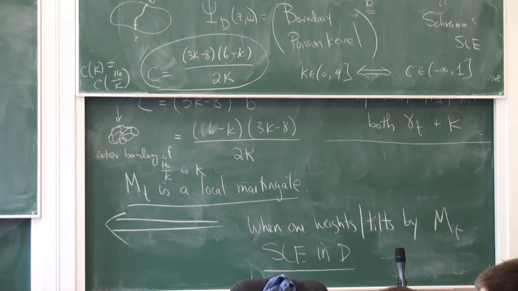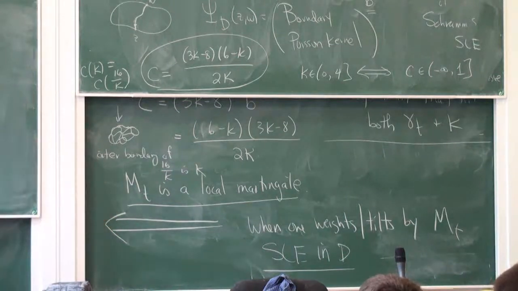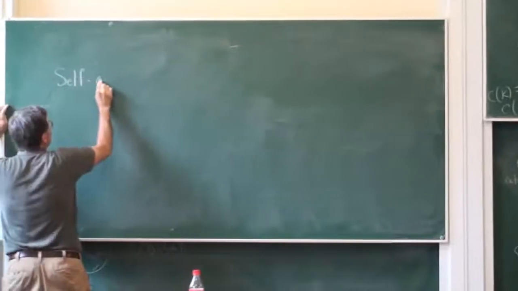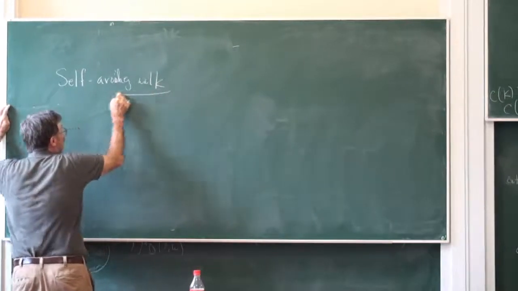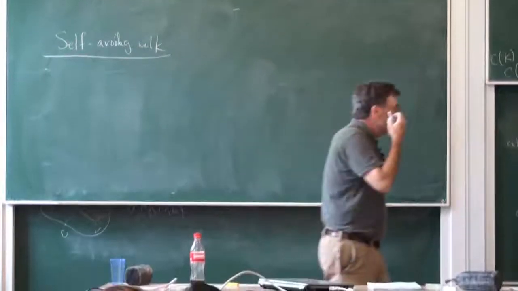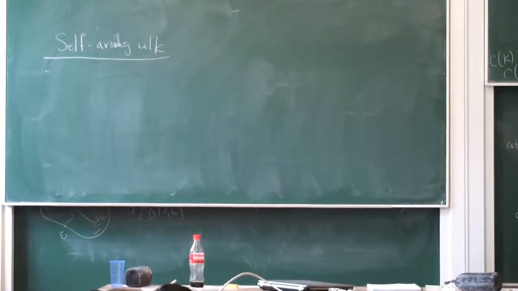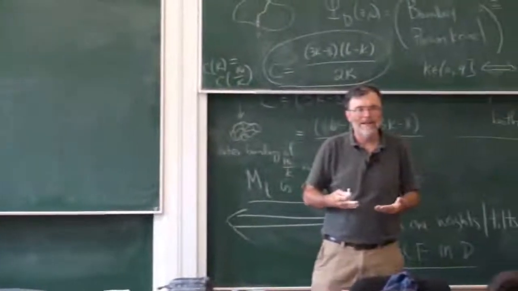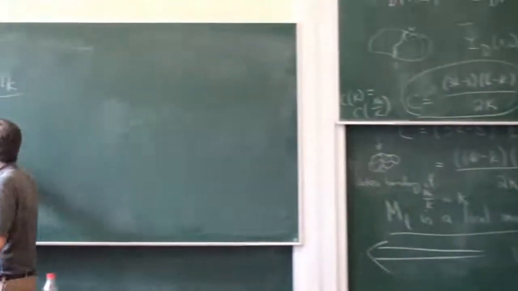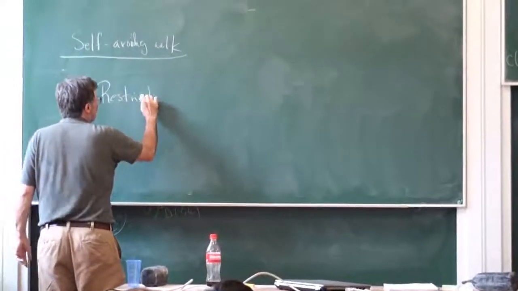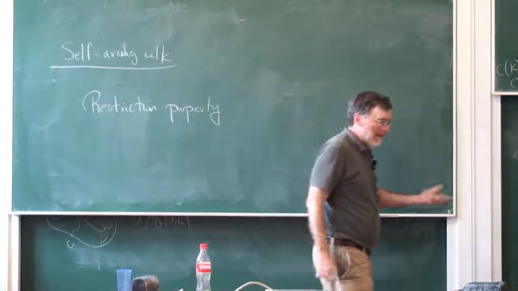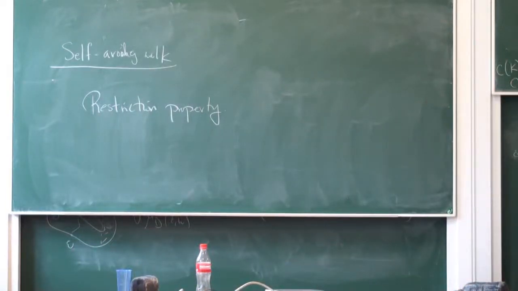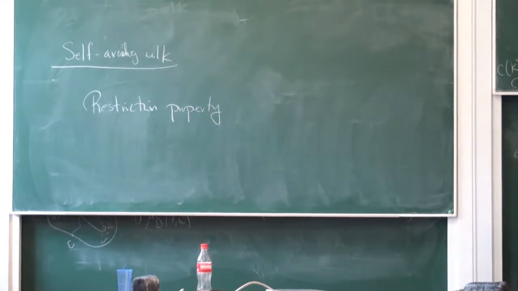So let's return to the self-avoiding walk. Since I discussed the self-avoiding walk yesterday, if you remember, we had domain Markov property, conformal covariance, and the restriction property, and I want something that lives on simple curves.